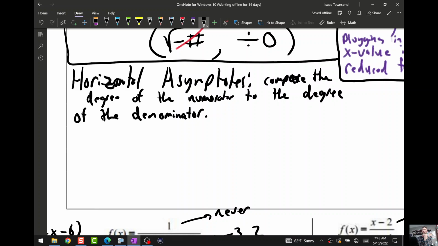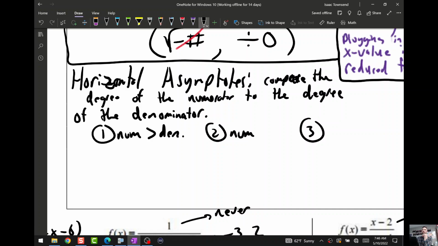Which then creates 3 different cases. Because the degree of the numerator could be bigger than the degree of the denominator. Degree of the denominator could be bigger than the degree of the numerator, or they could be equal. That's why there's 3 cases, 3 possibilities here.